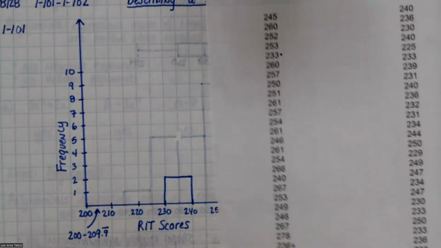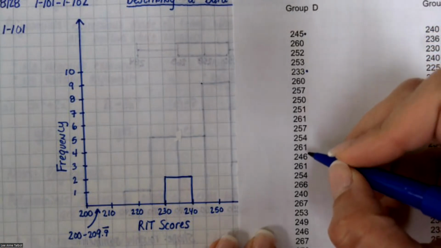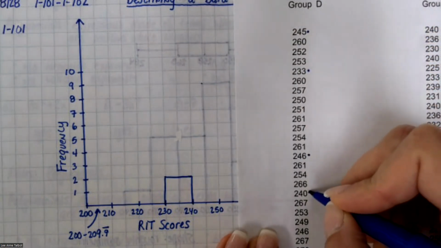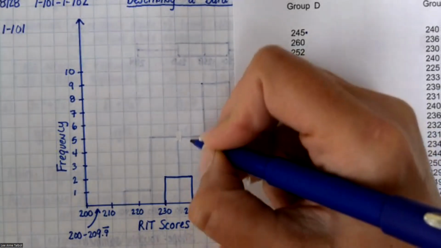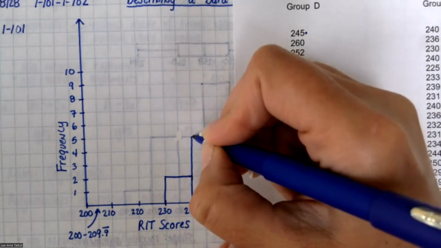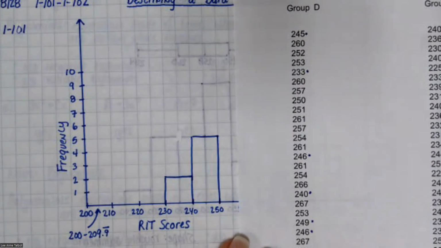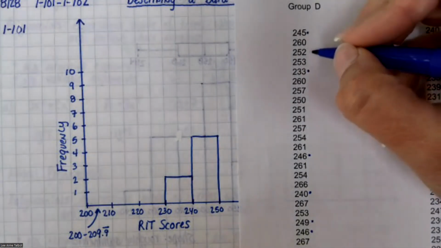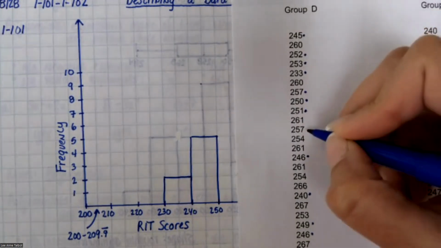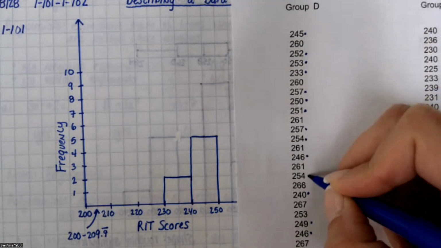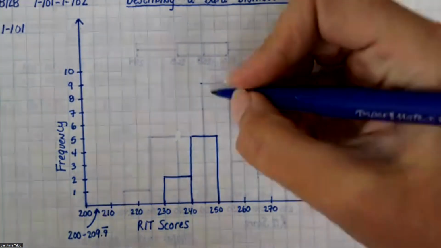Okay, now I'm going to start saying it in an easier way. How many are in the 240s? 1, 2, 3, 4, 5. Two 50s. 1, 2, 3, 4, 5, 6, 7, 8, 9. What is happening outside?